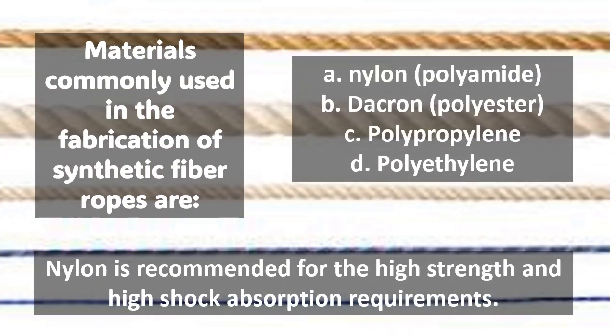For the fabrication of synthetic fiber rope for the mooring system, we can choose from the following: nylon, Dacron, polypropylene, polyethylene. Take note that nylon is recommended for high strength and high shock absorption requirements.